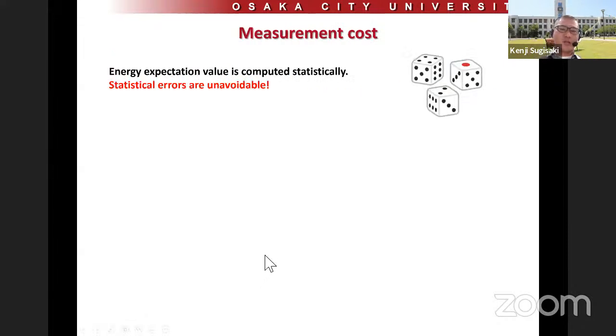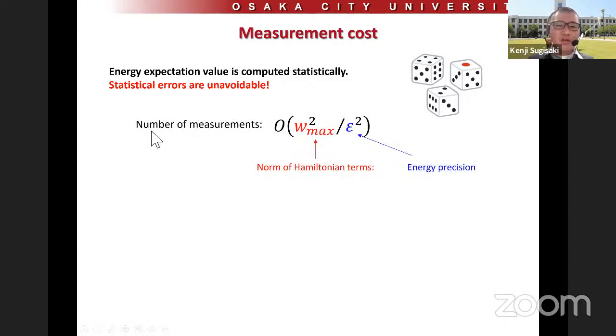Another important point of VQE is the measurement cost. Because the energy expectation value is computed in a statistical manner, statistical errors are unavoidable. The number of measurements required to obtain some energy precision epsilon is something like this.